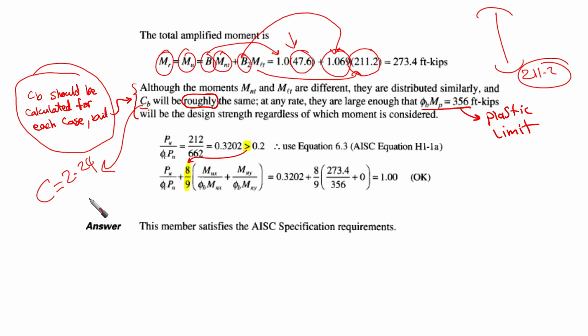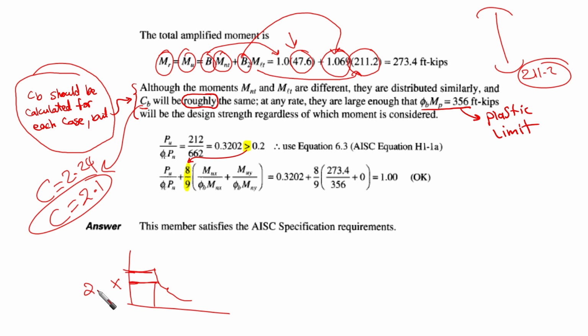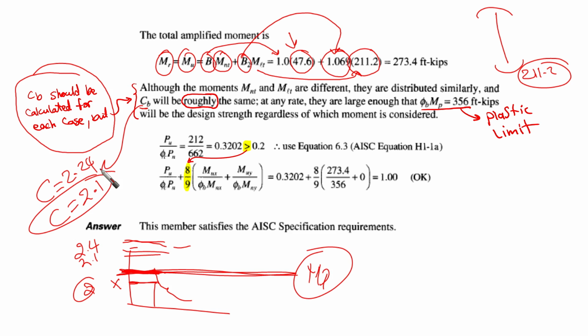If you calculated for MNT and found that it equals 2.1, it is okay, because at the end you are multiplying it at least by 2. So it is going to be 2.4 or 2.1, the same, larger than the plastic limit. The limit for us is going to be the plastic limit, MP. So this small difference won't make any big deal. At any rate, they are large enough, more than the plastic limit.